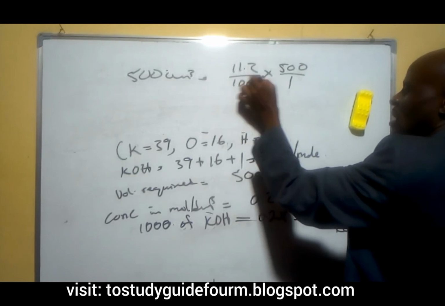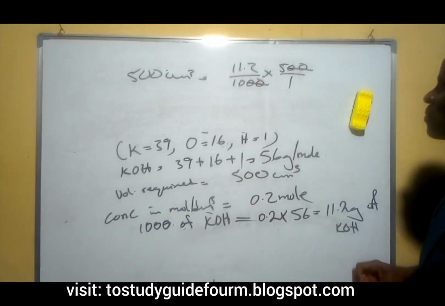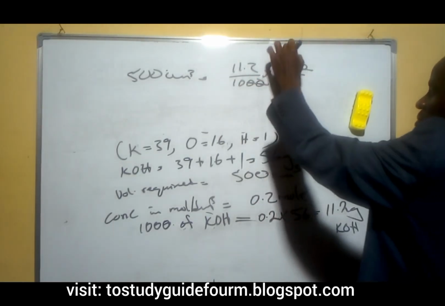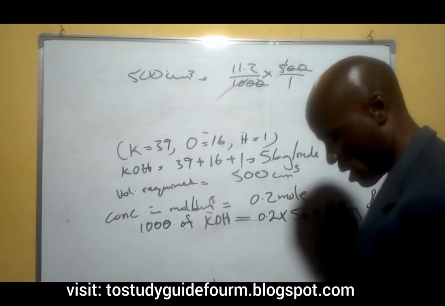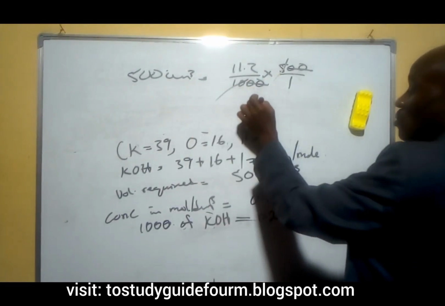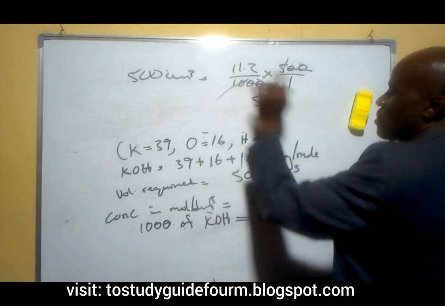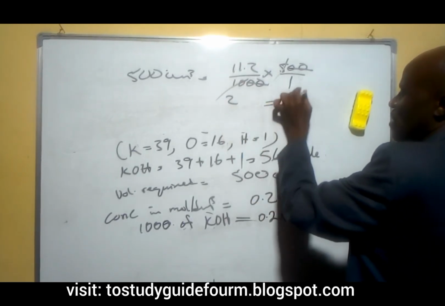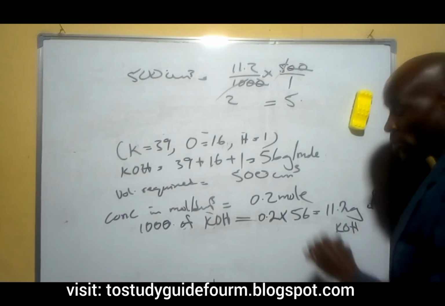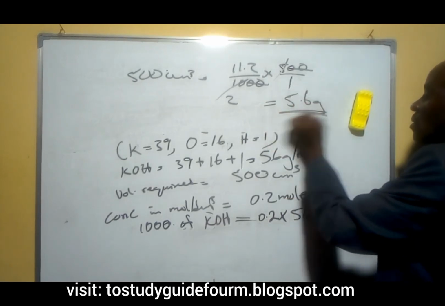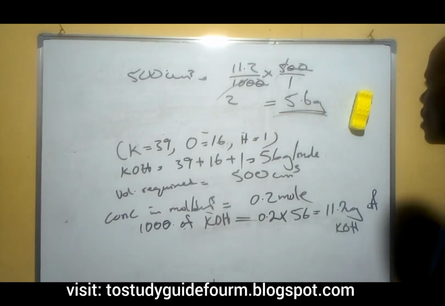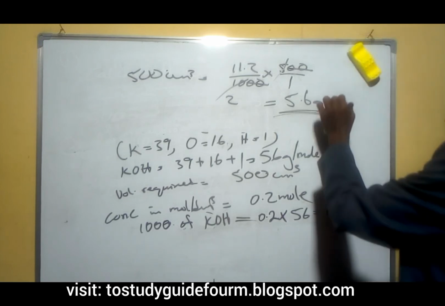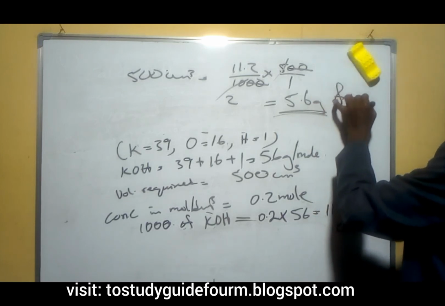We cancel out, then we can also cancel out that. What we have finally should be 5.6 grams of potassium hydroxide.